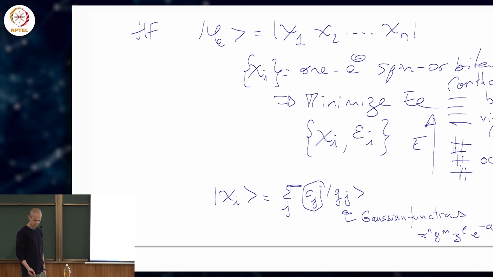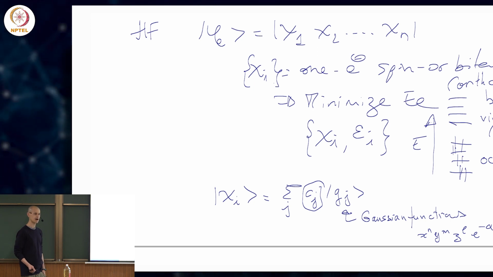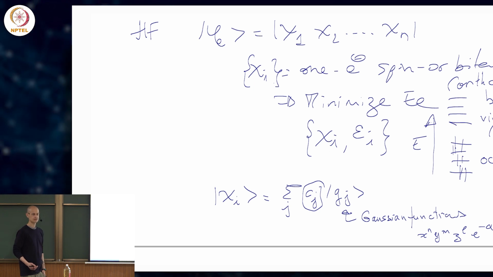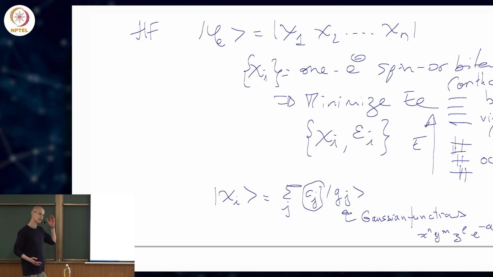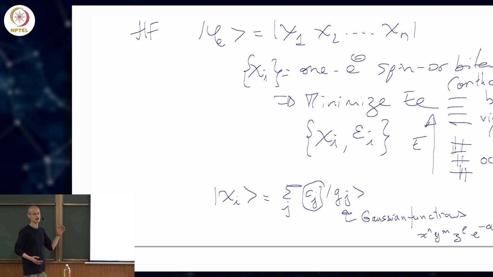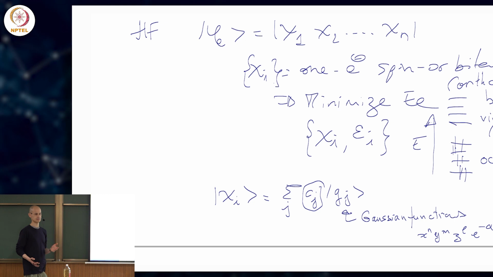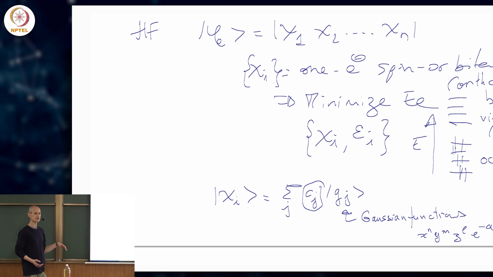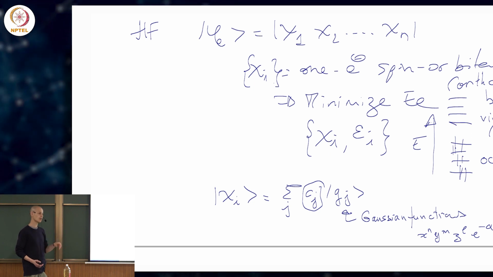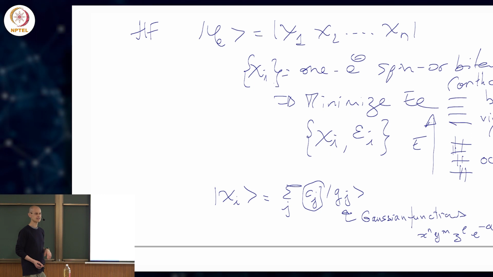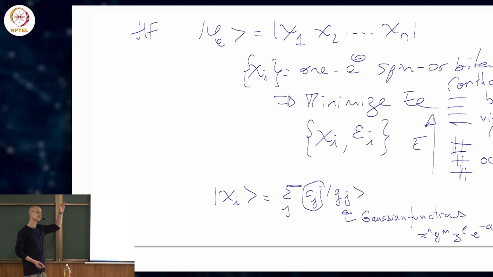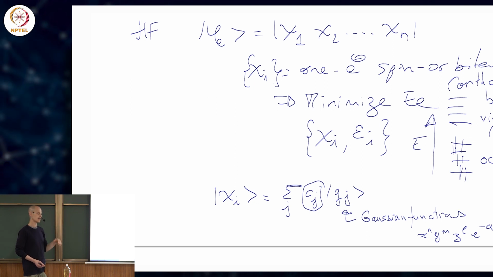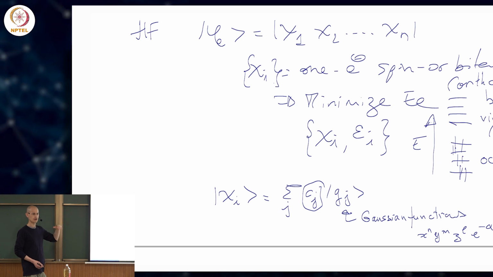So how do we choose these alpha parameters and how many Gaussians do we include? People have done the work for us. There are a large number of basis sets that are optimized for every atom. There is a database, the EMSL database, where you have this Mendeleev table, you say, I want the basis set for carbon, you click on carbon, and then you have a list of acronyms. There is a hierarchy of basis sets.